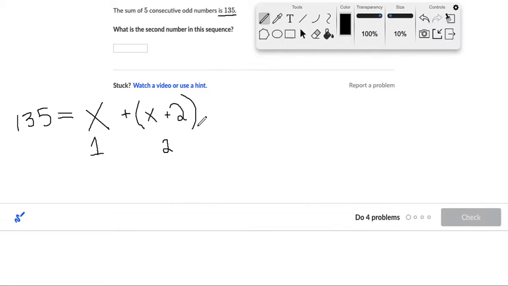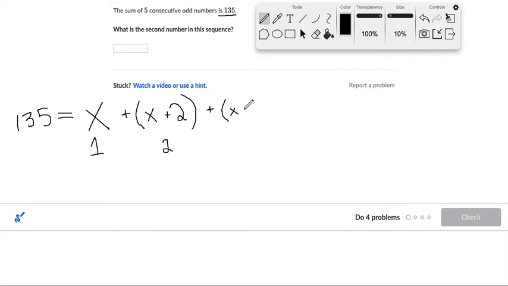But we're not quite done yet, because this says the sum of 5 consecutive odd numbers. So our third number is just going to be our second number plus 2 more.